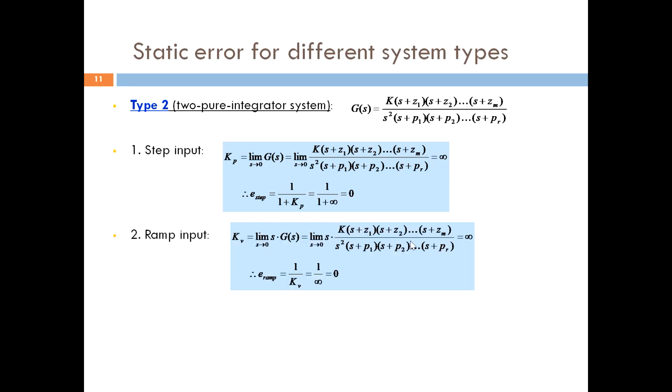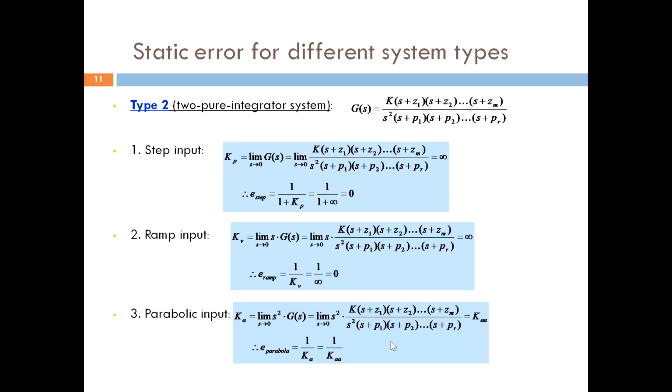It will also have infinite velocity error constant and a 0 steady state error for a ramp input, and it is going to have some constant value for the acceleration error constant and some finite value for the error, which is the case of a parabolic input to a type 2 system.